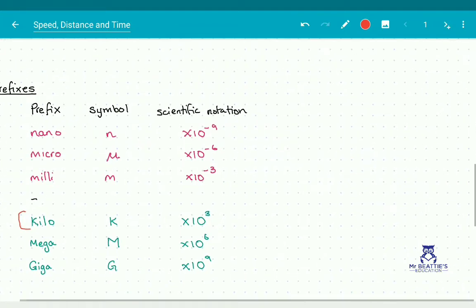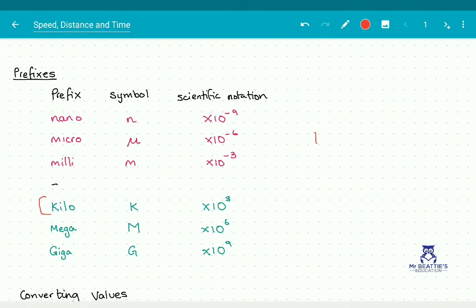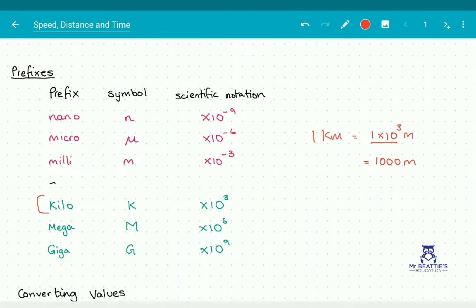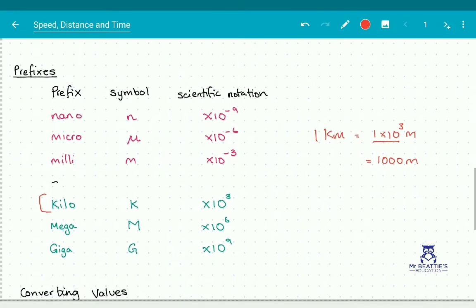So 1 kilometer is equal to 1 times 10 to the 3 meters. And if you put 1 times 10 to the 3 in your calculator using the little button down the bottom that says times 10^x, or it might say EXP depending on what calculator you've got, and put 1 and then that button and then 3, it'll come out with 1,000 meters. Okay, so 1 kilometer is 1,000 meters.